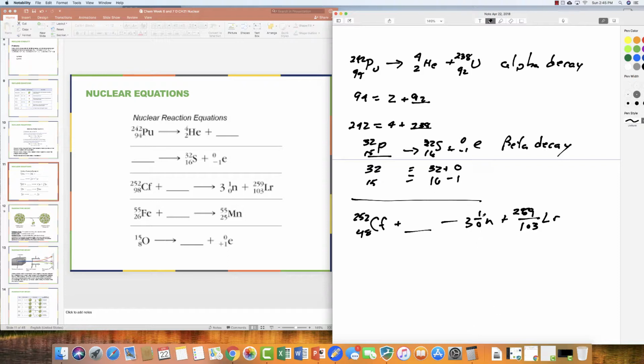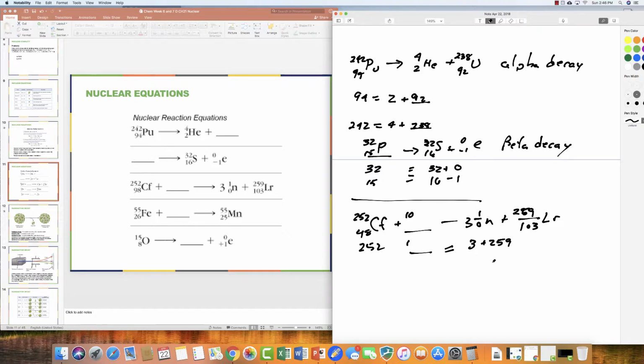So first of all, 3 times 1 is 3 plus 259 is 262, and that has to equal 252 plus something, so this is going to have to be 10.